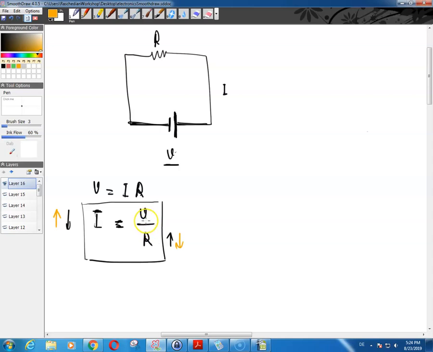In the same way, smaller resistor values, meaning less resistance, increase current flow, whereas large resistor values, meaning more resistance, decrease the current flow, which is something that you can understand based on this relationship here.